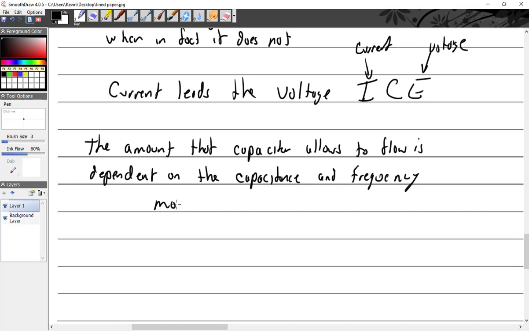More capacitance equals more flow. Higher frequency, more frequency. Yeah, we'll go with higher. That's a better term. Higher frequency equals more flow.